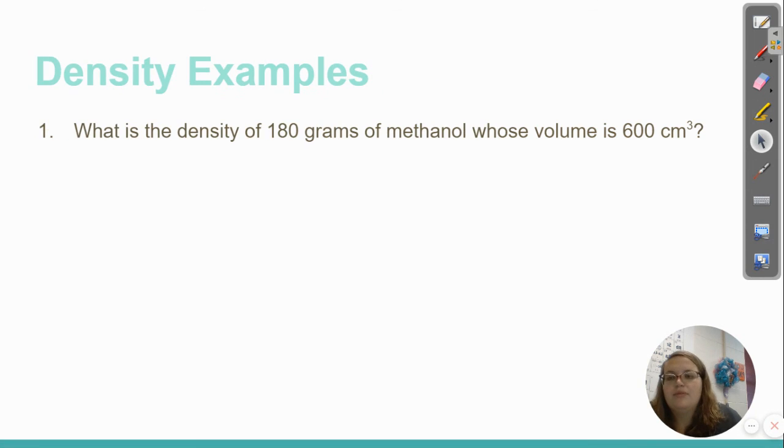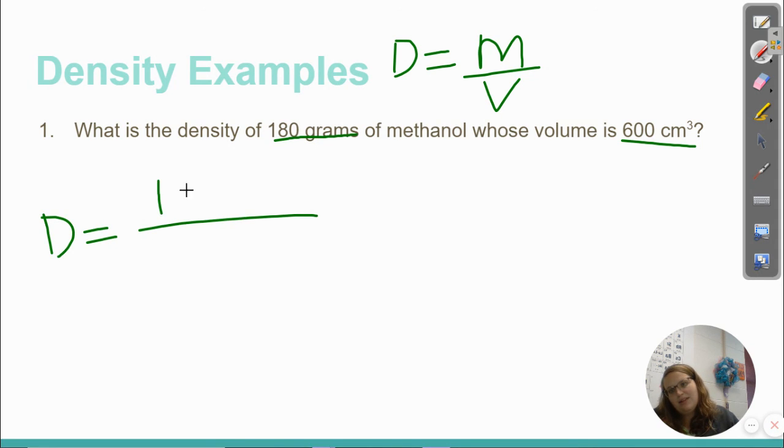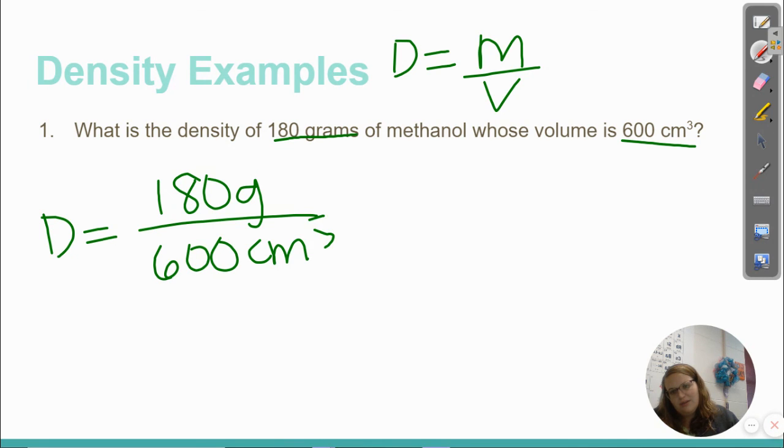Here we go. All right, so density is equal to mass over volume. So what is the density of 180 grams of methanol whose volume is 600 cubic centimeters? So density equals mass over volume. So my mass is 180 grams over my volume of 600 cubic centimeters.